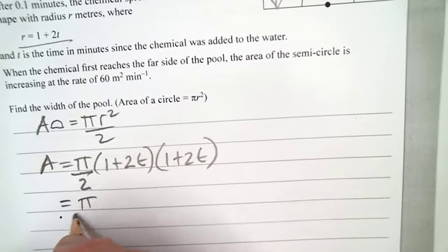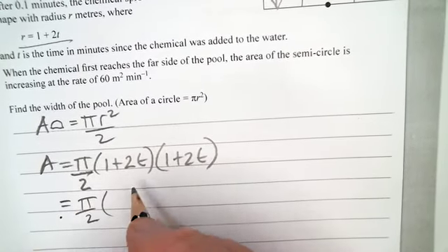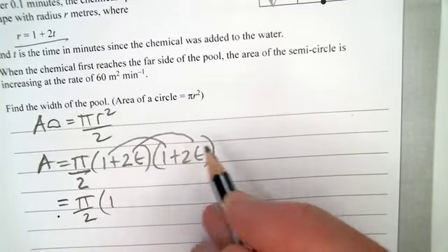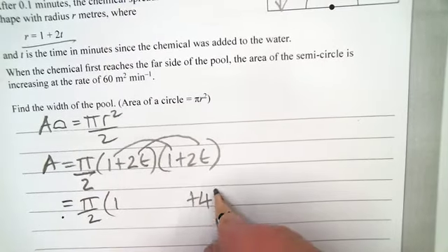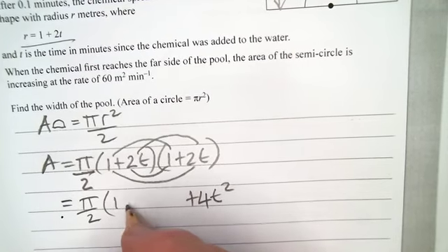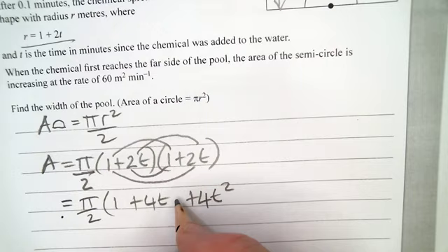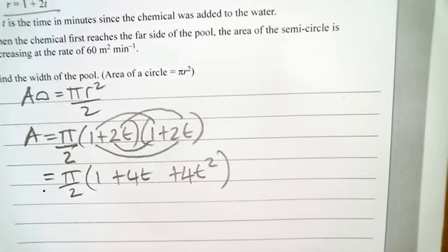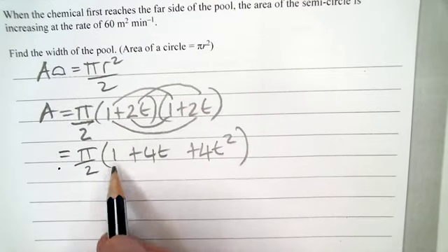All right, let's expand all this out. So it's going to be pi on 2 times, well, 1 squared is 1, 2 squared is 4t squared, and I've got a 2t and another 2t, so it's going to be plus 4t. Yeah? So that in itself looks pretty good. Let's expand this out now.